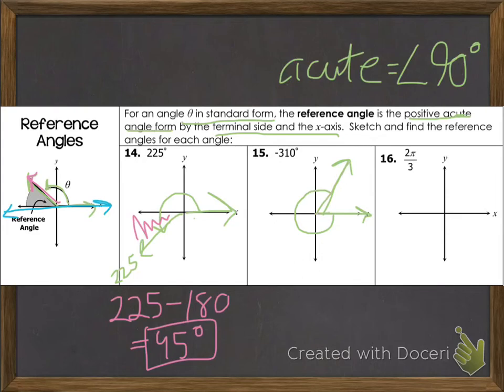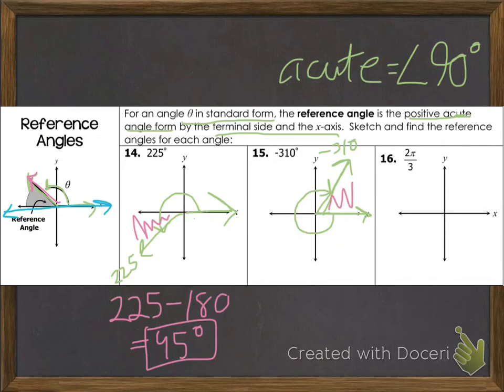So please ignore that little scribble sticking out. So this is going to be negative 310 degrees. And remember, we want the angle that's going to be less than 90 degrees, but also still partially connected to the x-axis. So we don't want any of this, we just want this.